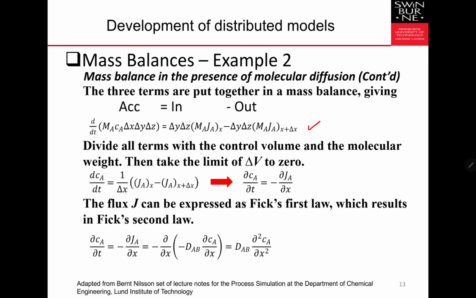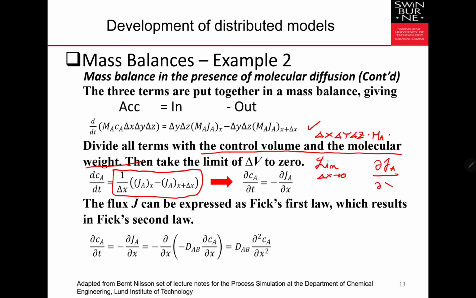Then we can divide by the control volume and the molecular weight, or essentially delta x, delta y, delta z, M_A. Then we take the limit of delta x approaching 0. This particular term will be converted to partial J_A over partial x.